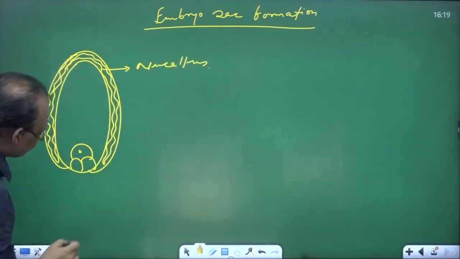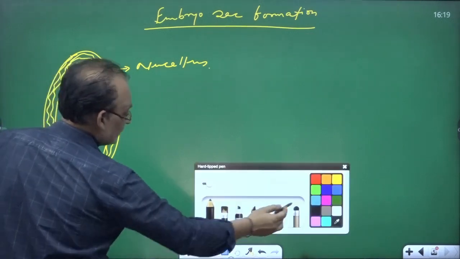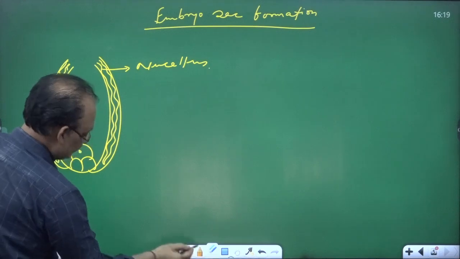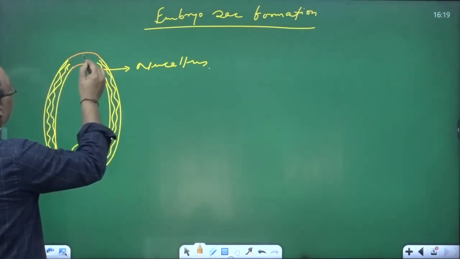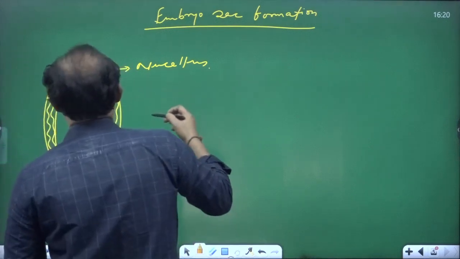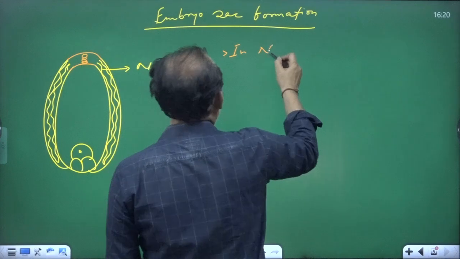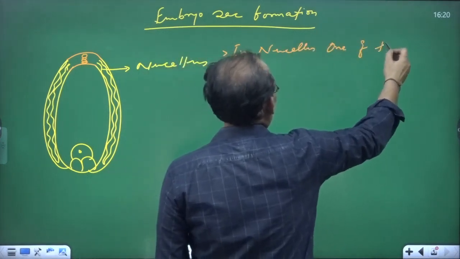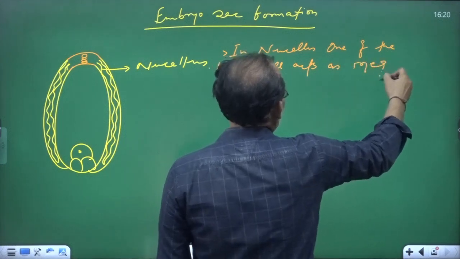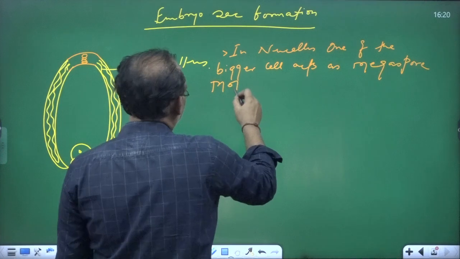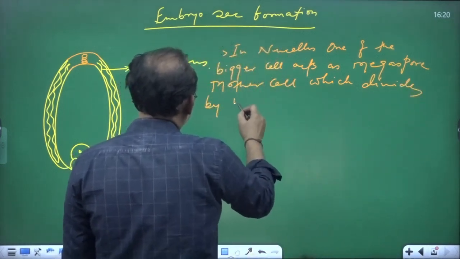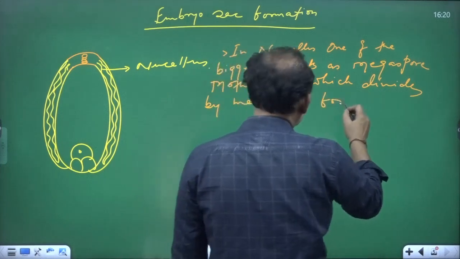So in the nucellus, one of the bigger cells acts as megaspore mother cell, which divides by meiosis to form 4 megaspores.